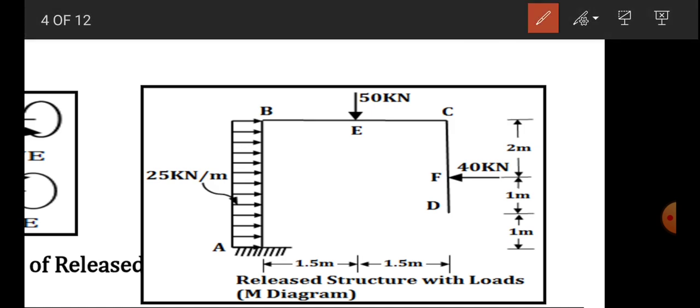Let the first be horizontal and the second vertical. These imaginary axes are always drawn at a distance of x from the origin. For FC the origin is D, so the imaginary axes are drawn at a distance of x from D. This is the first step. Then the next step, you look toward the origin side. How many forces are there? There is only one force, and that force is horizontal.